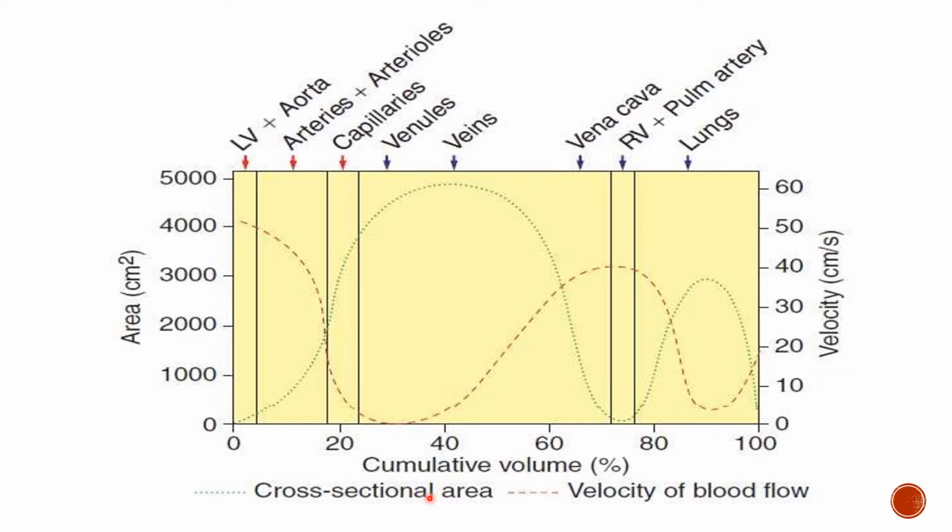This is in accordance with the continuity principle, which states that in any system arranged in series, the flow through each vascular segment must be equal to the flow through every other, unless one segment becomes progressively distended.